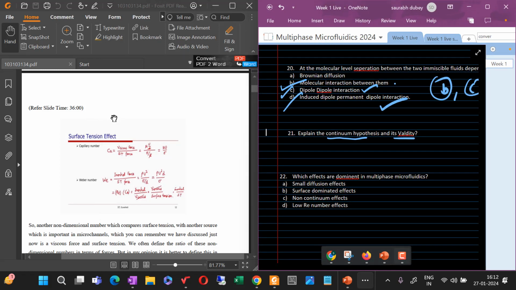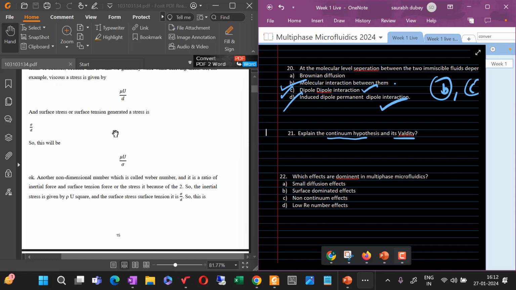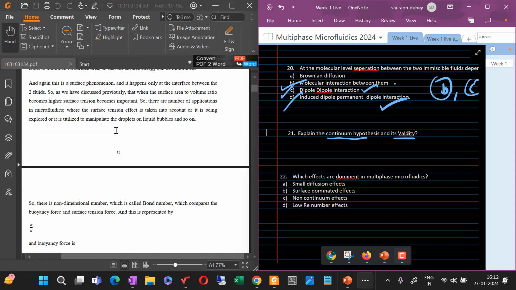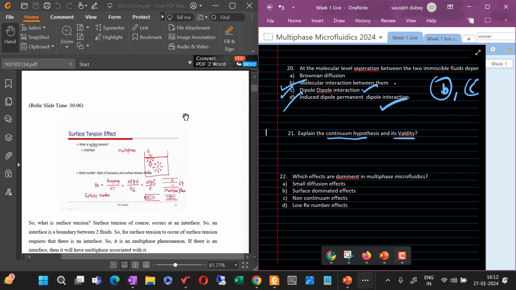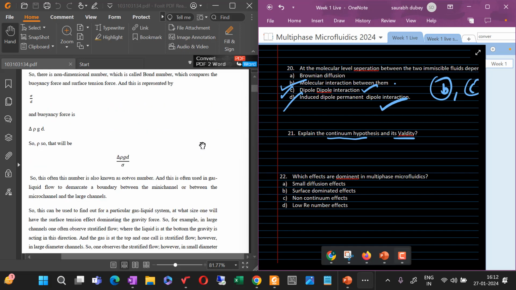The term amphiphilic is used if a molecule has both characteristics, like having an oil-loving or oil-hating group also. As far as I remember, I have to look at where sir told each one. It was in the second lecture, the surfactants topic.